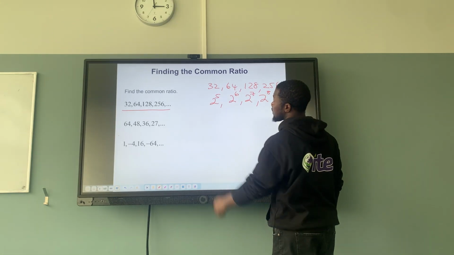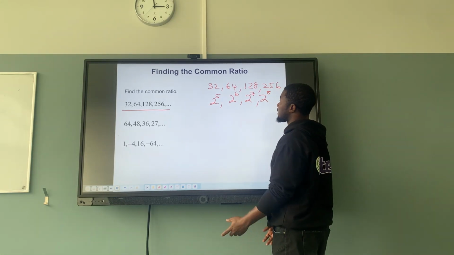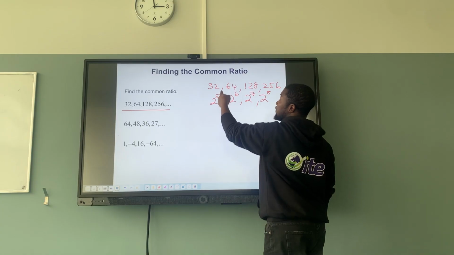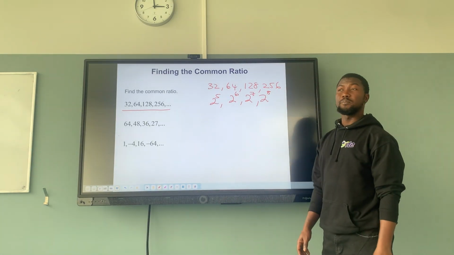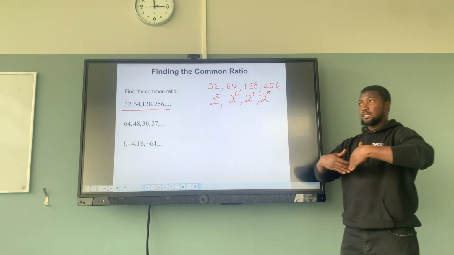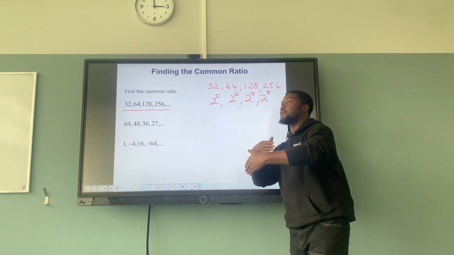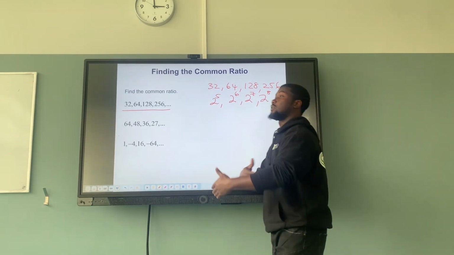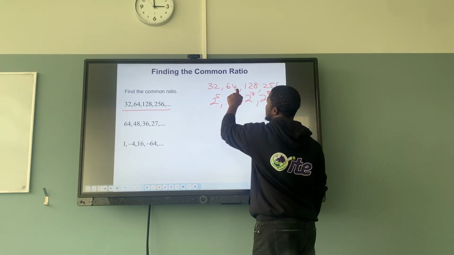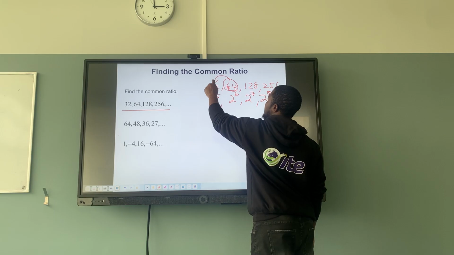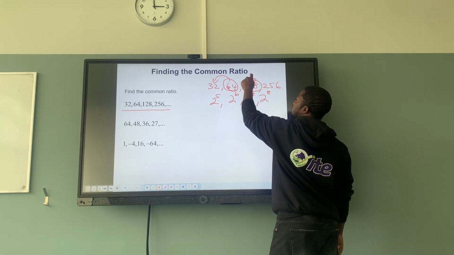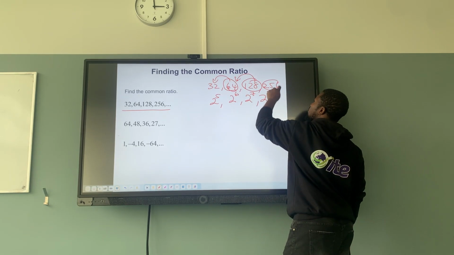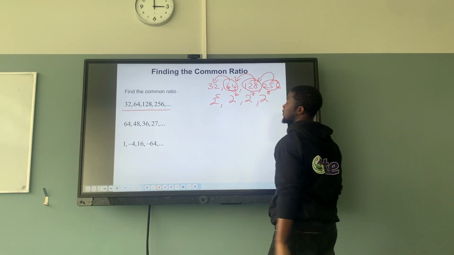Now to get the common ratio for this sequence, always, like I said, divide the succeeding term by the preceding term. The term that is after, by the one before it. Not the one before by the after, the one after by the one before. In this case, 64 divided by 32, or 128 divided by 64, or 256 divided by 128.